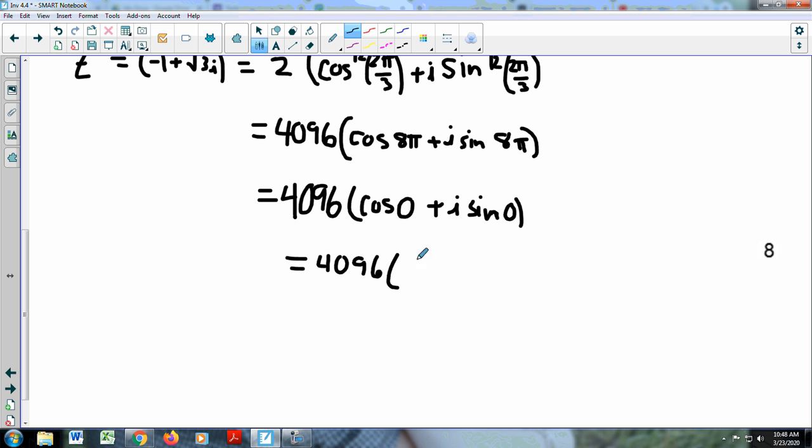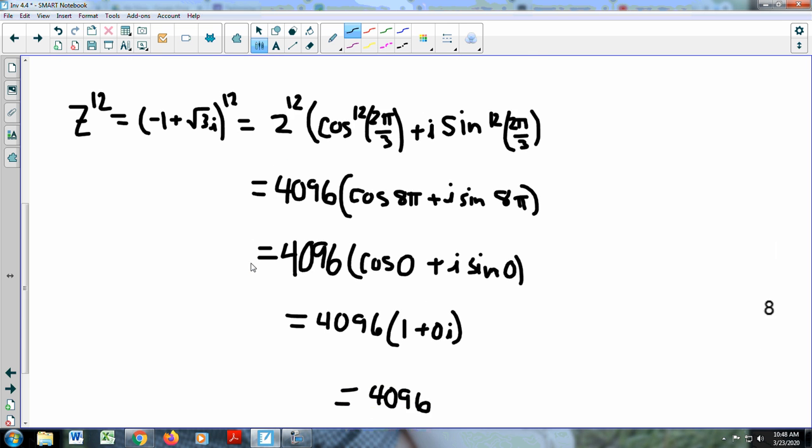Cosine of 0 is 1, plus 0i. Simplify this, and the answer is just 4,096. Okay, it's pretty straightforward.